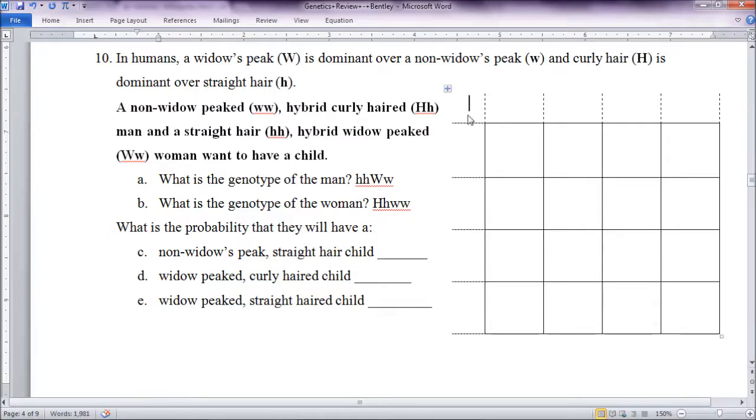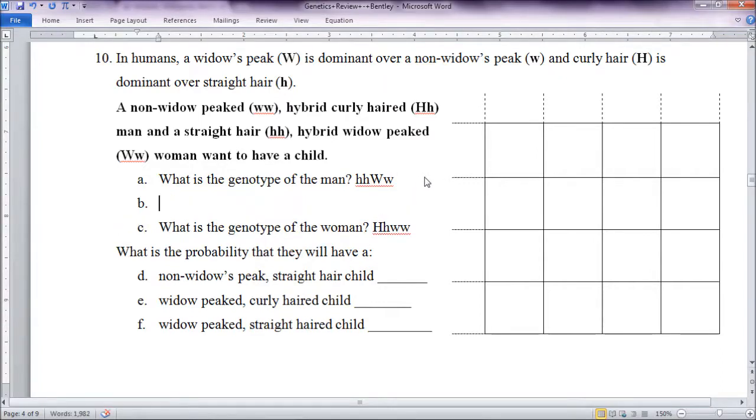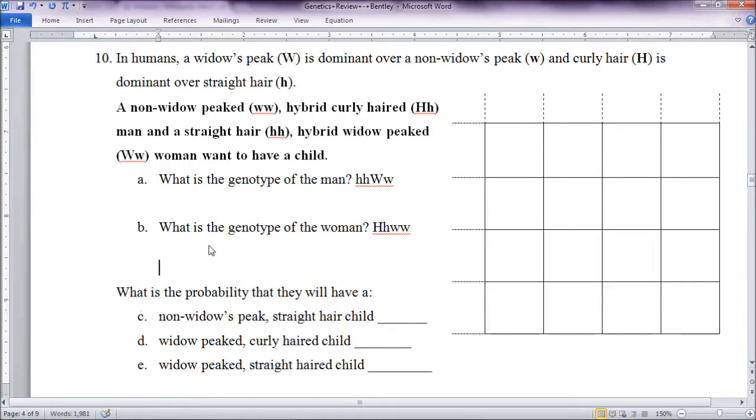So next, we want to know probabilities, which means we need to plug it in to our graph. So what that means is you have to first find what combinations they can pass on. We already found the genotypes of our parents, but we also need to find out what combinations they can pass on. So that is your first step. So for the woman, she can pass on her little h, and that's all the h's she can pass on.